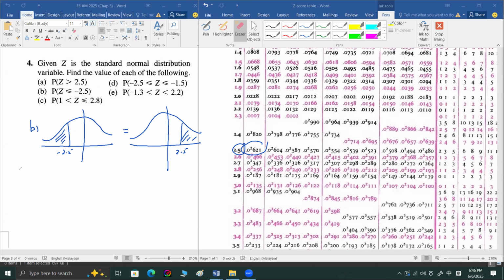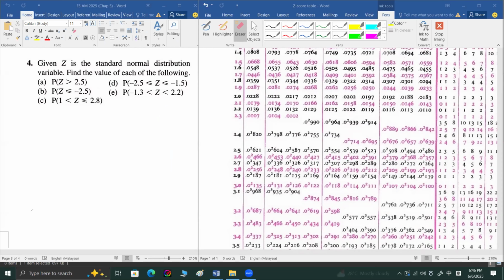Okay? Next, see my C. C, remember I sketched to show you between 1 and 2.8. I say Z greater than 1, and here minus Z greater than 2.8.